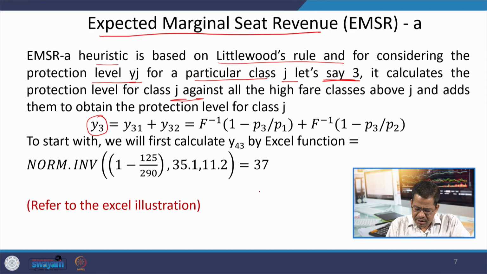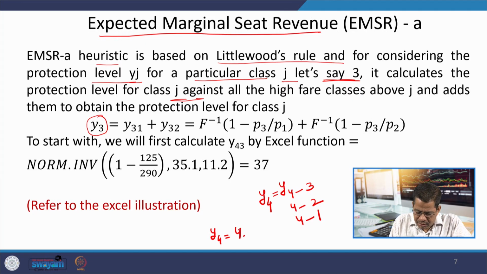So if I calculate for Y4, I have to calculate for 4 to 3, 4 to 2 and 4 to 1, and then Y4 will be Y43 plus Y42 plus Y41.